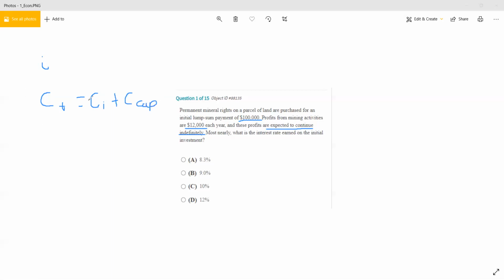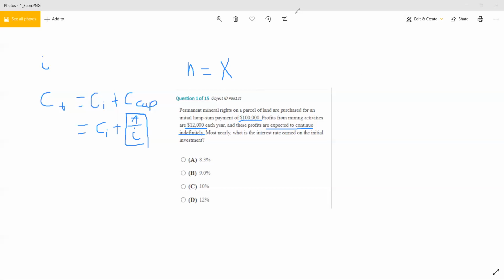Total capitalized cost is equal to the initial capitalized cost plus the capitalized cost, which is also equal to initial cost plus A over the interest rate i. Now, whenever you see an indefinite or infinite series, you need to think of this right here. Since this means our n, our number of years, is not defined, there's no way we can use the typical factors from the interest table.